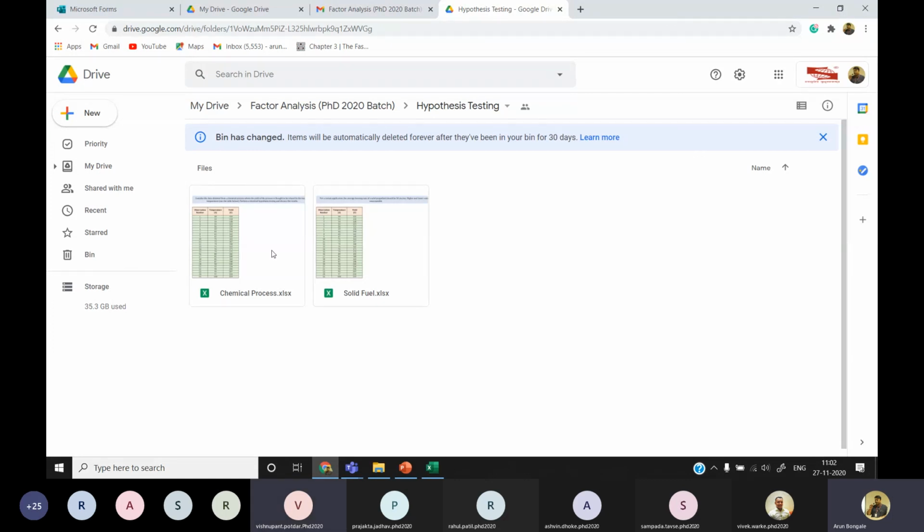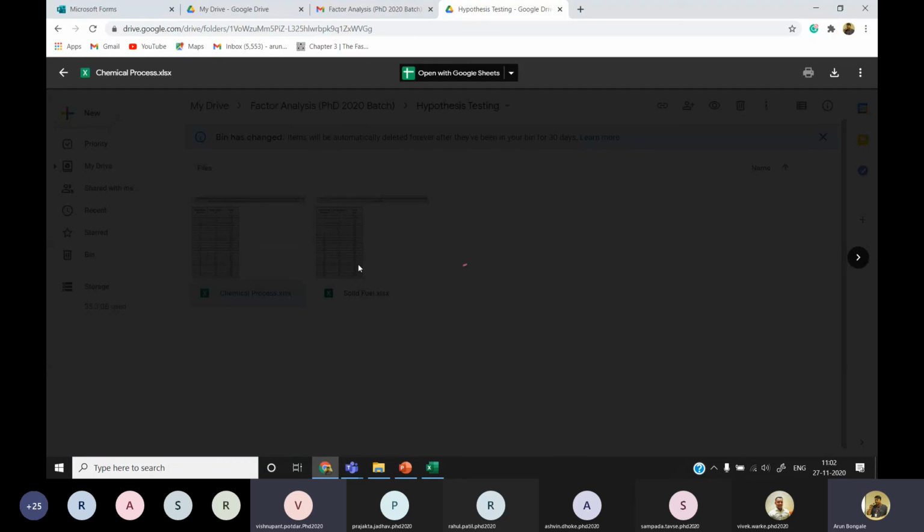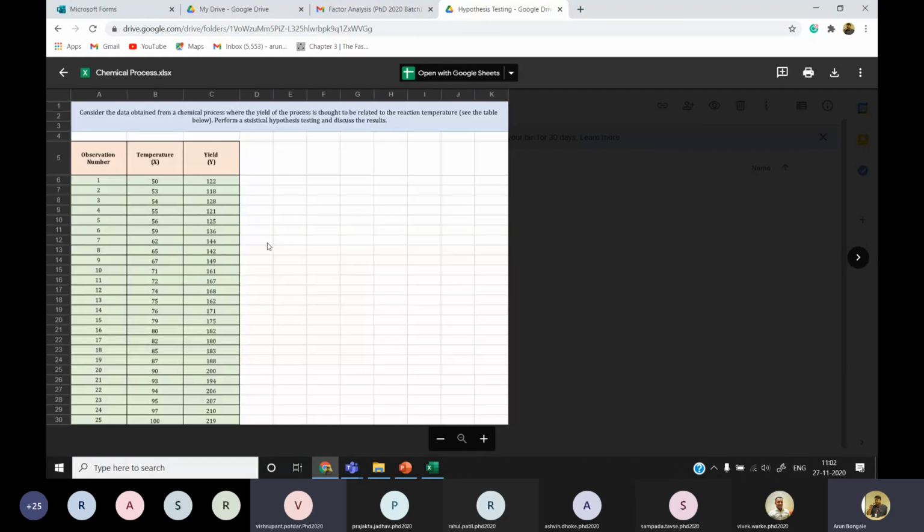After this class, you need to download this data set and plot the graph. The data is given, the question is given: consider the data obtained from a chemical process where the yield of the process is thought to be related to the reaction temperature. That means depending upon the reaction temperature, the yield of the chemical process changes in a linear way. You need to find out whether this statement is true or false.